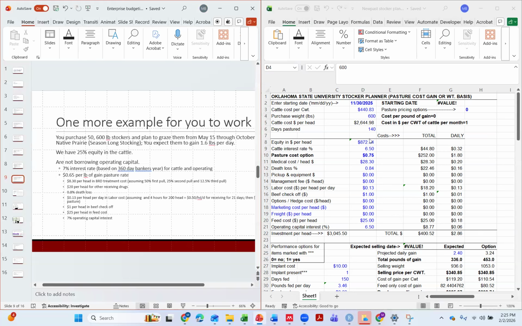All right. So we're going to change our interest rate to 7. They're going to gain 1.6 pounds per day over 140 days. We're going to keep our rent at 0.65 cents per pound of gain. We're going to keep that $28.30 for drug costs, 0.8% death loss.